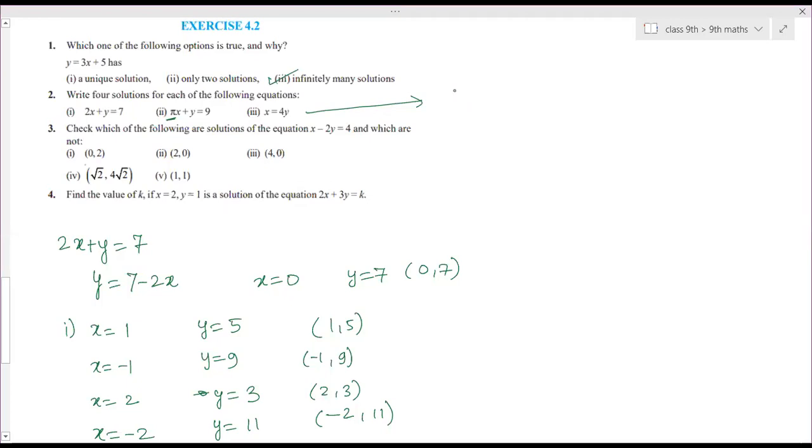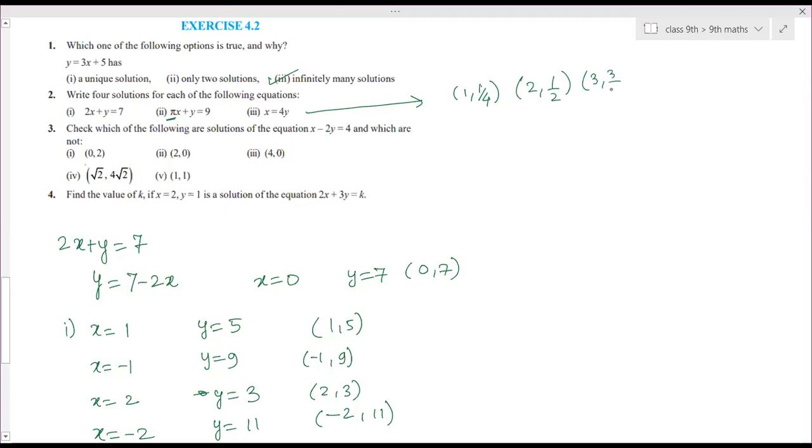Yes, tell me the solutions. I got (1, 1/4), (2, 1/2), (3, 3/4).